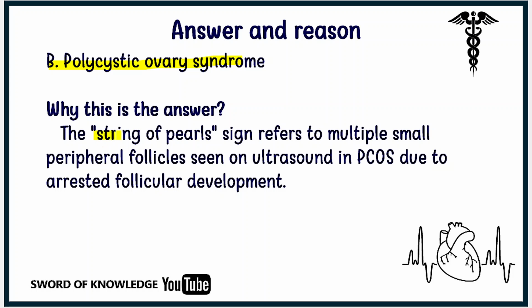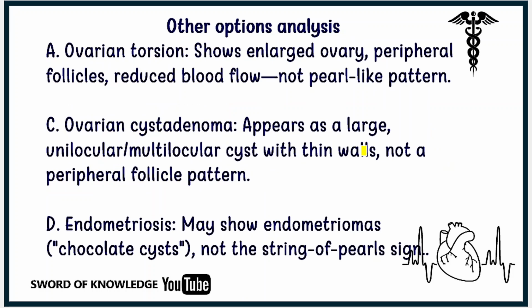So the string of pearls, these are the small follicles that we are actually seeing in the periphery of the ovaries, which are in the arrested form, not developing into the mature follicle. That's why the patient is anovulating. So this is it, and let's discuss why the other options are not correct.